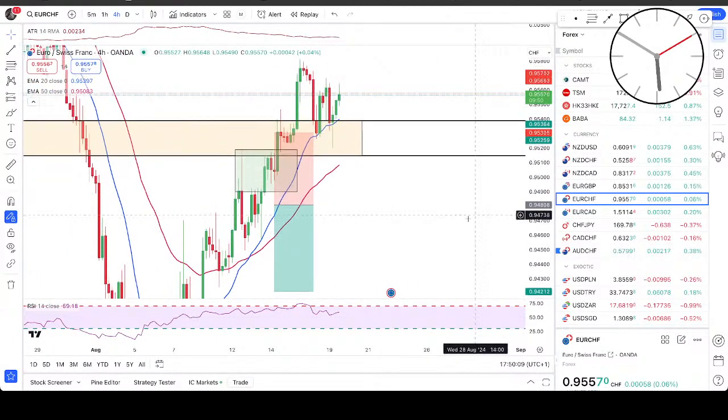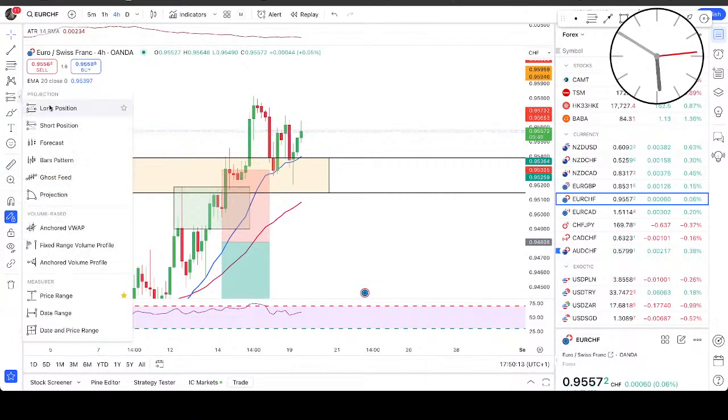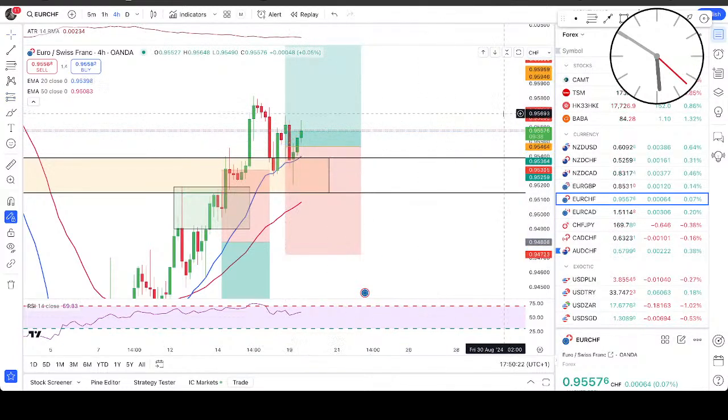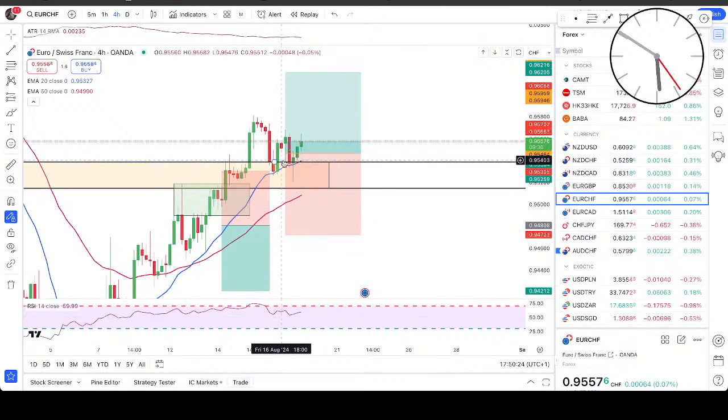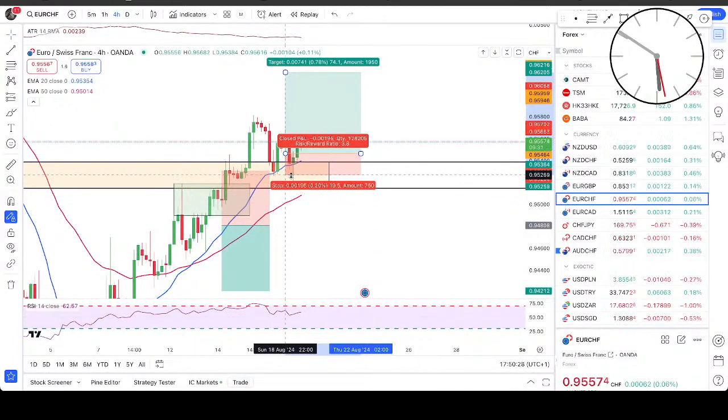Euro-CHF, we have a pullback entry confirmation right here. So as price is here, that would be an entry. My entry was here. Around 50 pips.